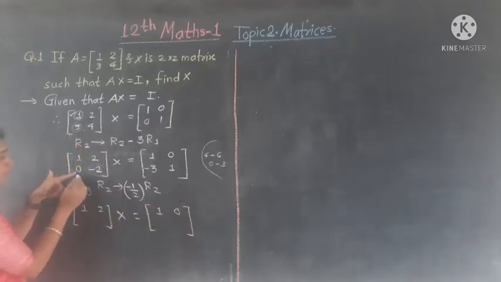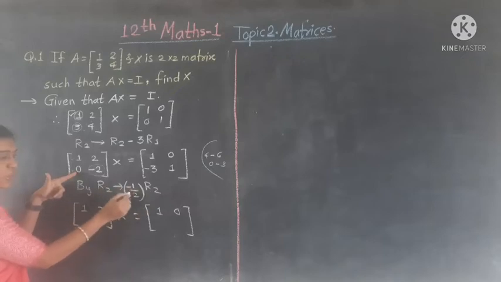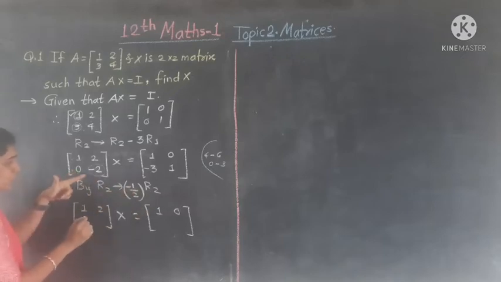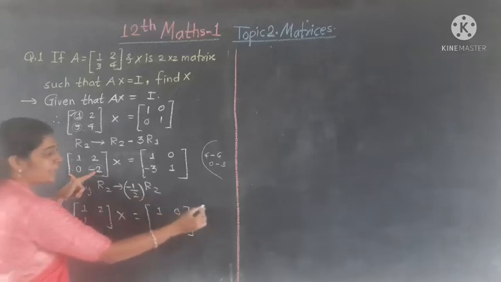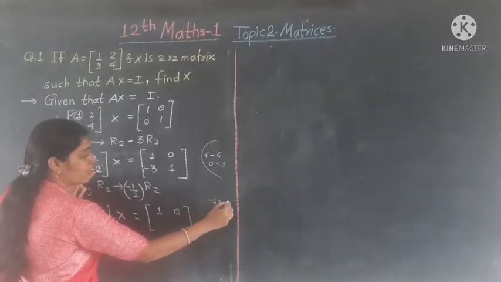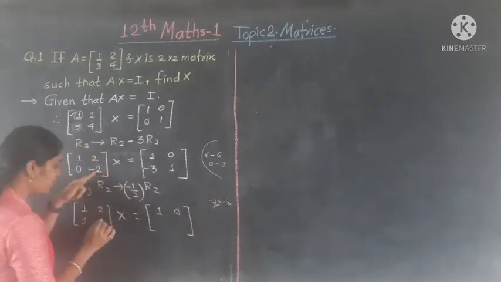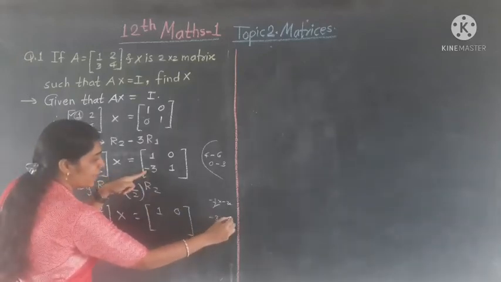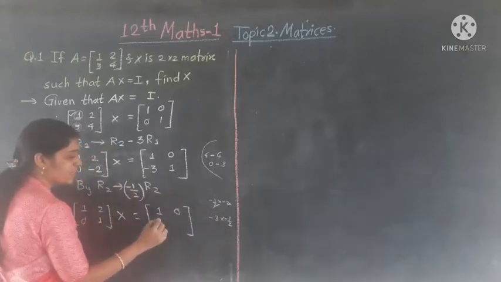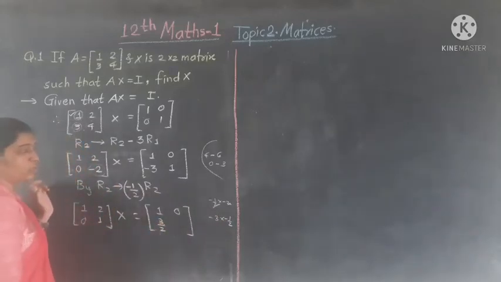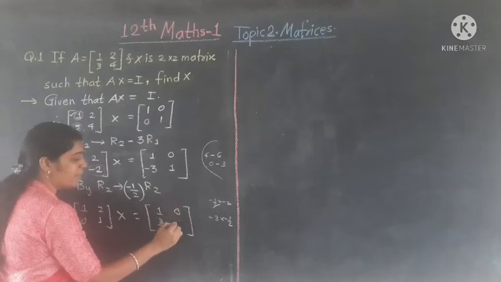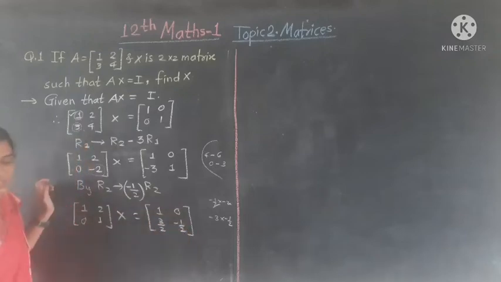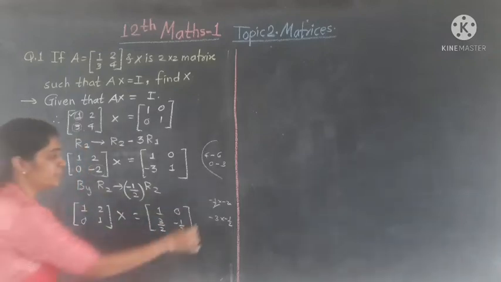There is a change in R2: multiply R2 by minus half. Minus half into minus 2: minus minus plus, it becomes 1. Minus 3 multiplied by minus half gives minus minus plus, which is 3 upon 2. 1 multiplied by minus half gives minus 1 upon 2. Okay, this is the rough calculation.